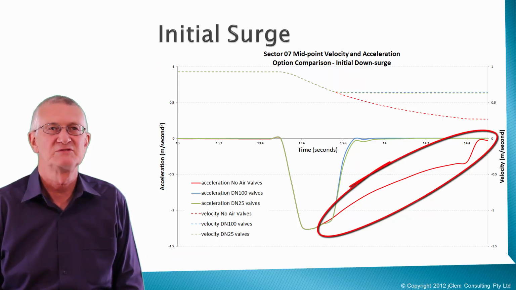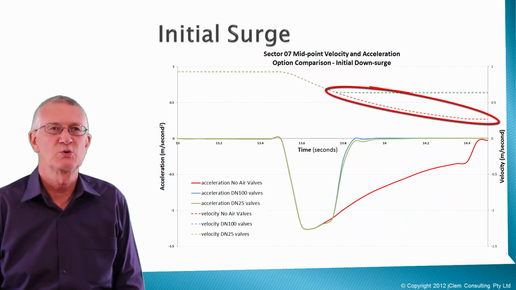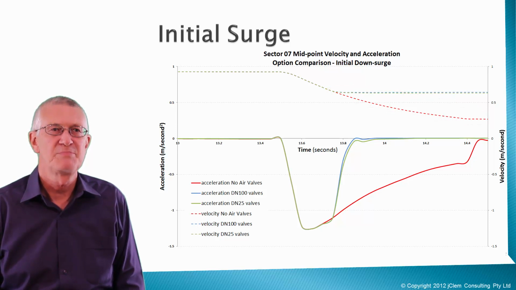Without any air valves, the fluid continues to decelerate, but at a reducing rate. As we saw in the earlier long sections, the velocity continues to drop towards zero. In both of the Ventamat valve cases, they behave similarly after the initial sharp deceleration.